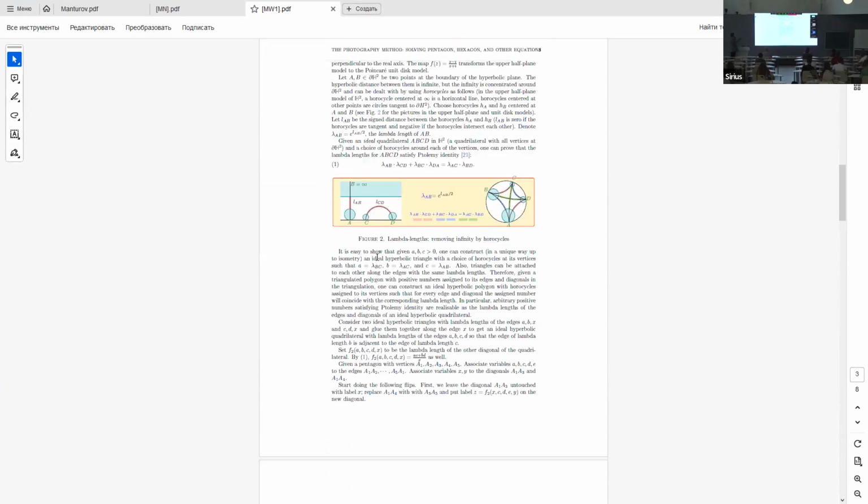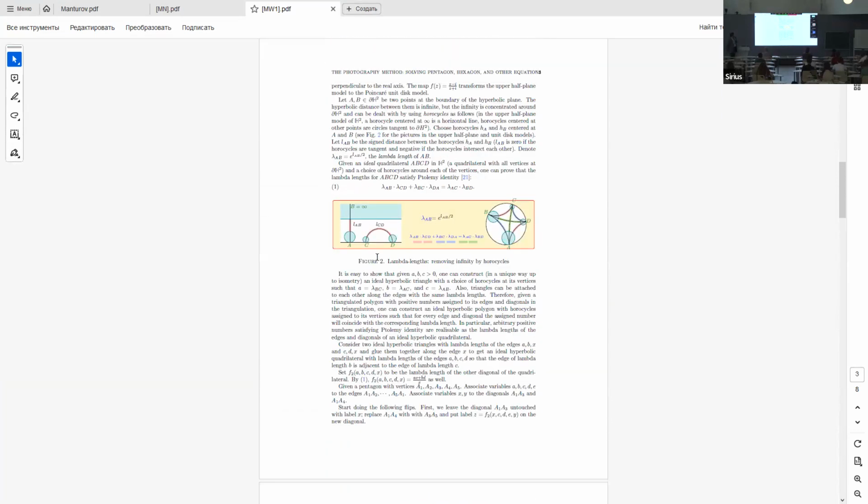Yes, this one, okay. You know, this is not the Ptolemy for inscribed quadrilaterals, but this is something called hyperbolic length.